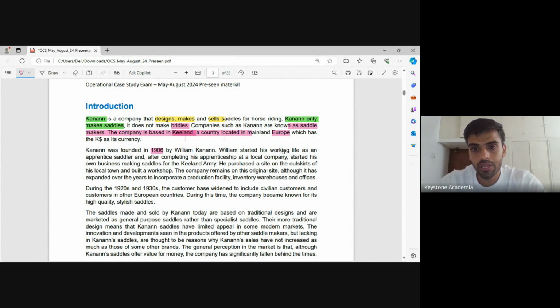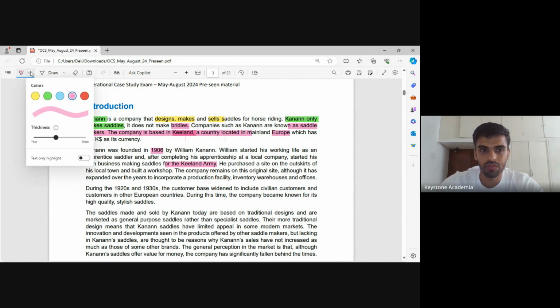William started his working life as an apprentice saddler, and after completing his apprenticeship at a local company, started his own business making saddles. Obviously, it was for the Keyland Army. At that time, it was more of an army-based project, as we discussed. He purchased a site on the outskirts of his local town and built a workshop.